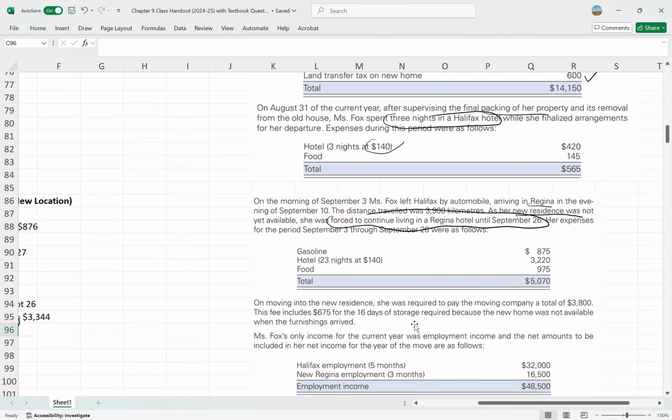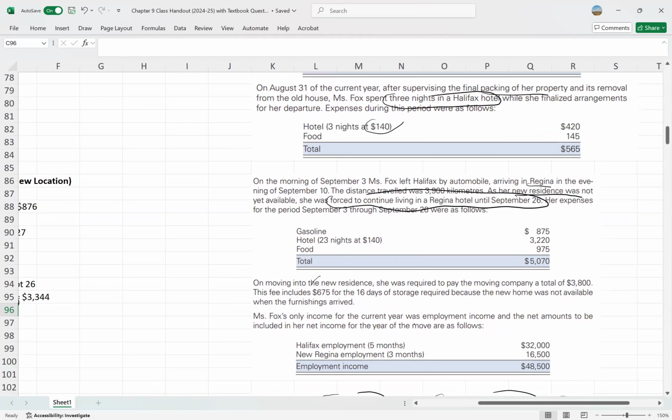So what happens next? After she moves into her new residence, she had to pay the moving company a total of $3,800. That included $675 for storage. So remember we said that when you're paying a moving company the transportation and storage costs, that is all allowable. So we can claim the full $3,800.